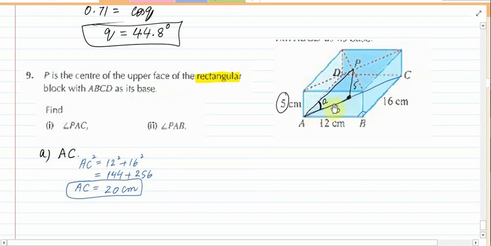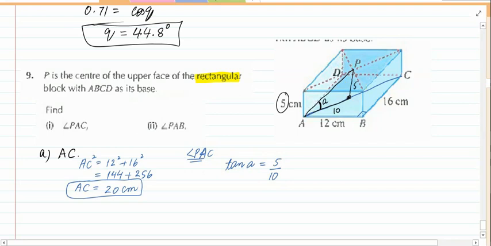So without the value of AC, you cannot find the value of A till this midpoint. So first part, PAC: opposite and adjacent, that means you need to apply tan here. Tan of angle A, opposite is 5 and adjacent is 10.